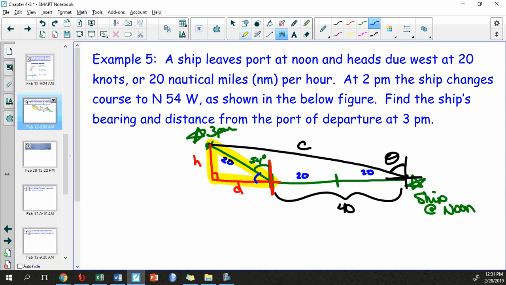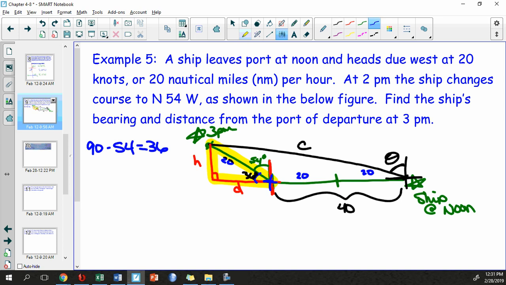How do I find that angle? Why is that angle 90 minus 54? Because this is a right angle right through here, right? So 90 minus 54. What is 90 minus 54? It is 36. So guess what? This is 36 degrees in there.